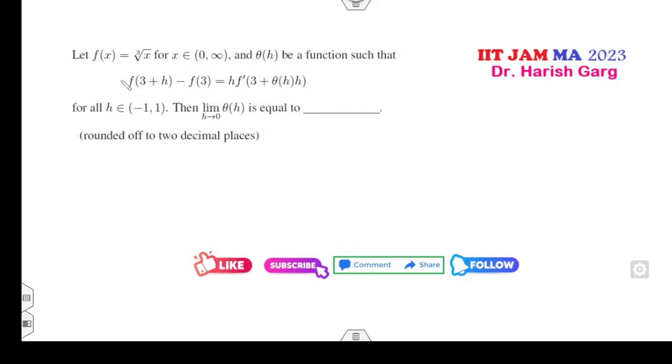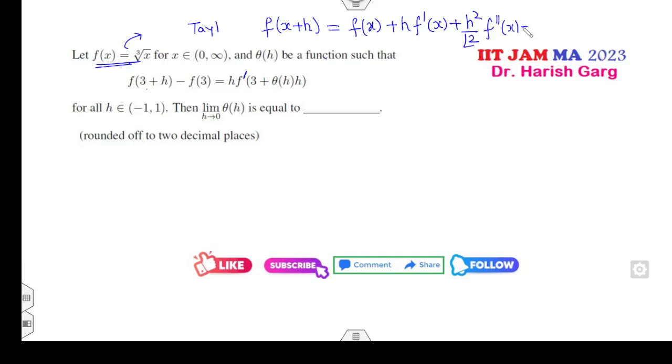Okay, look at this next one. F is a function. Again यहाँ पे डेरिवेटिव आ गया आपके पास. Fine. So I can apply function दिया हुआ है. This function is continuous. I can apply the Taylor series. What is the x plus h? That will be f of x plus h f dash of x plus h square by 2 factorial f double dash and so on.